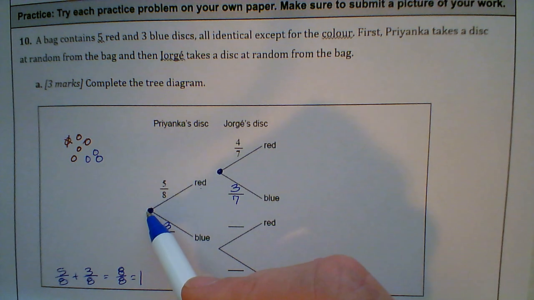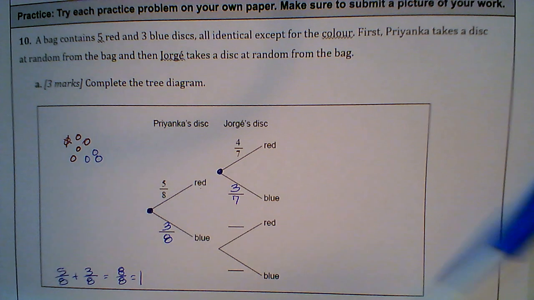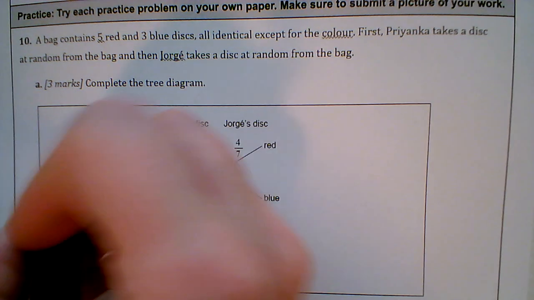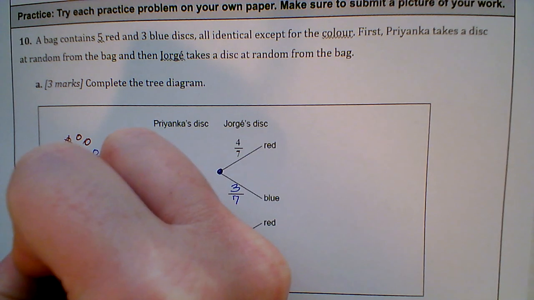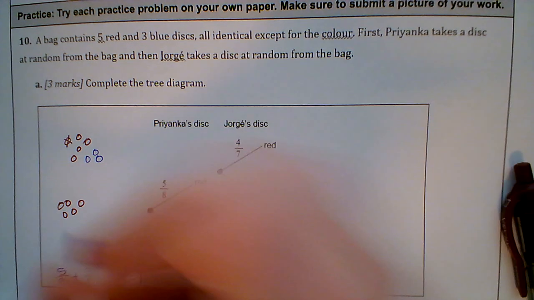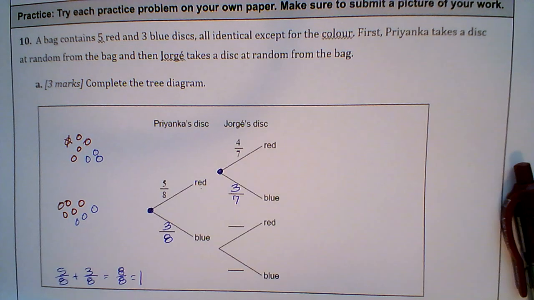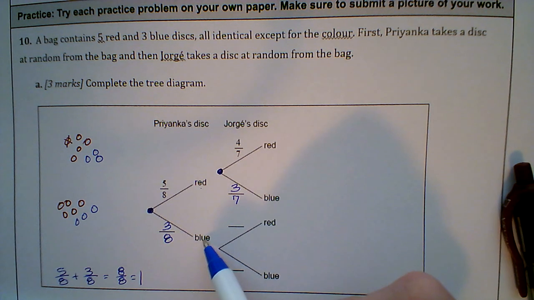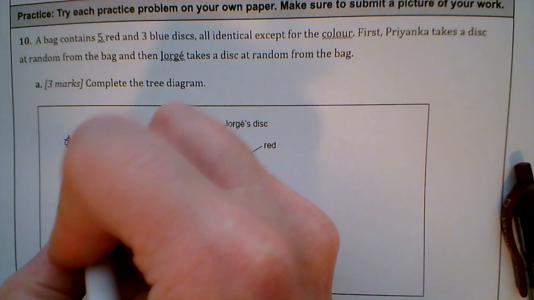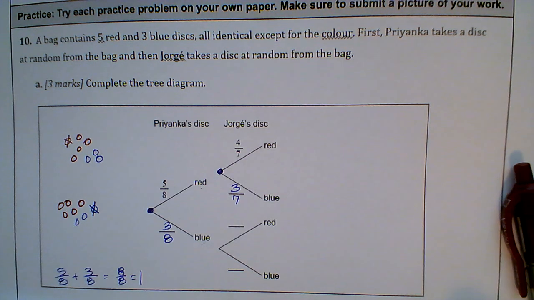Okay? So now let's look at the last little bundle of branches here. Notice this means Priyanka chose a blue disc. So if we started out with 1, 2, 3, 4, 5 red and 1, 2, 3 blue, this time we're assuming that Priyanka chose a blue disc. So now one of the blue discs has been taken out.